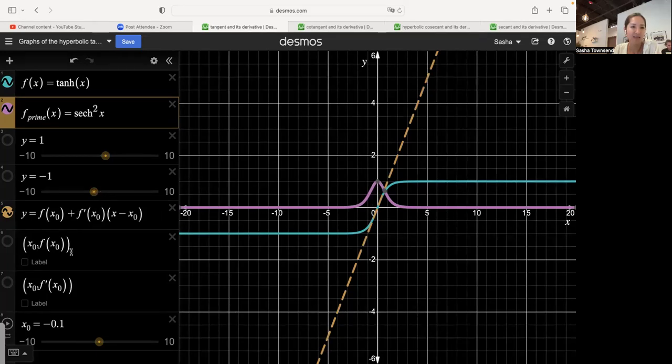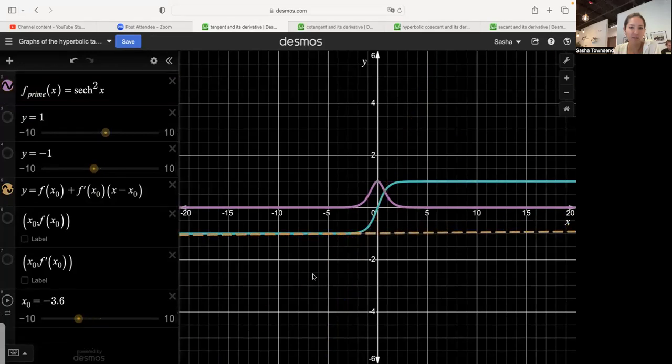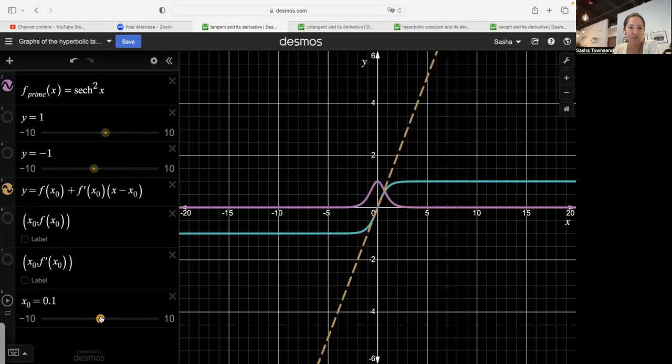And then as x goes to negative infinity, we see that those tangent lines get increasingly horizontal. And the slope of that nearly horizontal line is going to be nearly 0. And the same is true on the other side. It goes through some positive slopes there in the middle, and then it has a 0 slope again at the end.